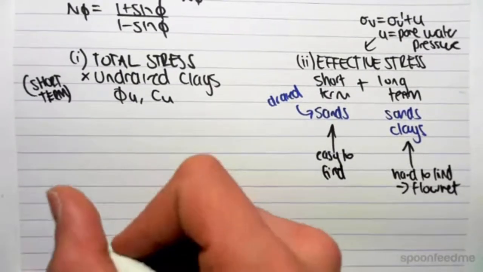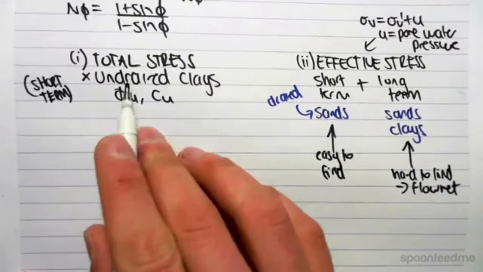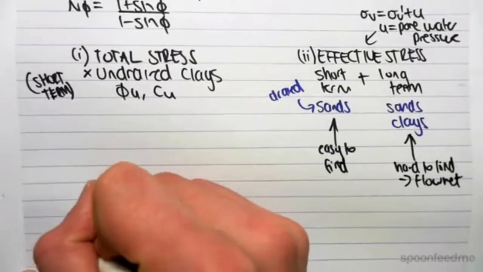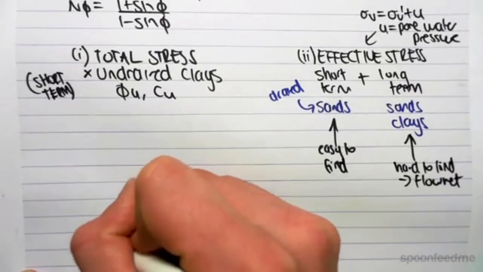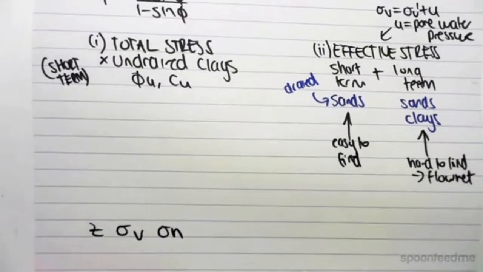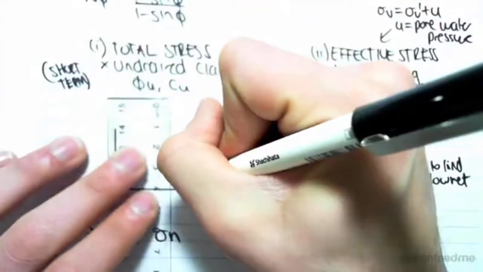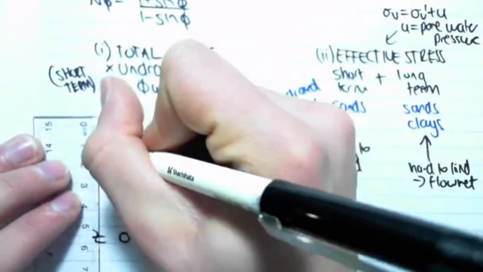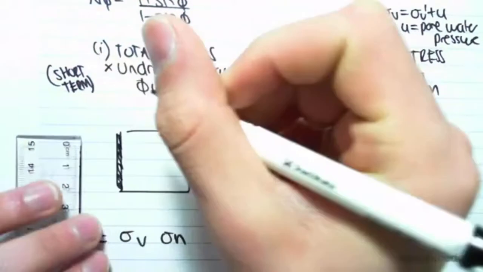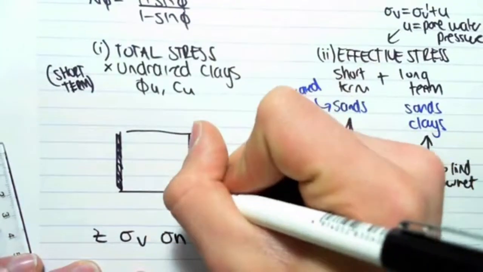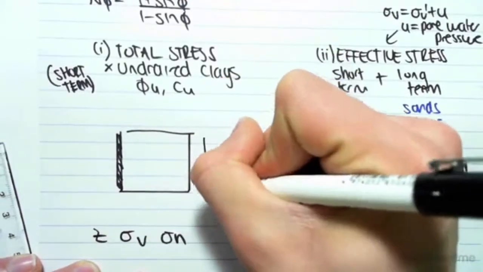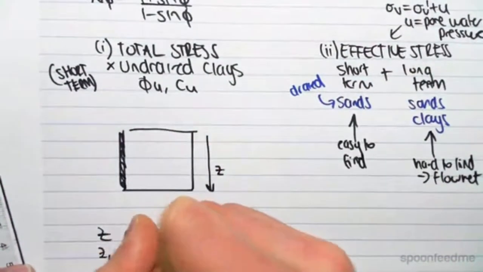So for the method, for a total stress analysis, we're going to set up a table with Z, sigma V, and sigma H. Just to conceptually show what we're doing, we're going to have our profile of soil, and we're going to have our wall, and say we want to find the stress at Z. So we would put that in, call it Z1.